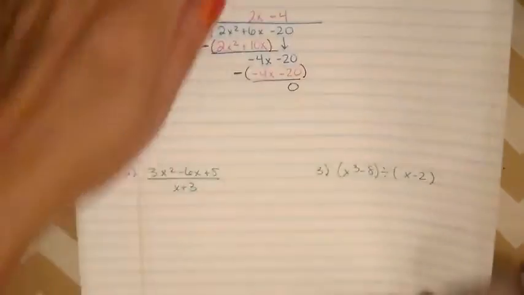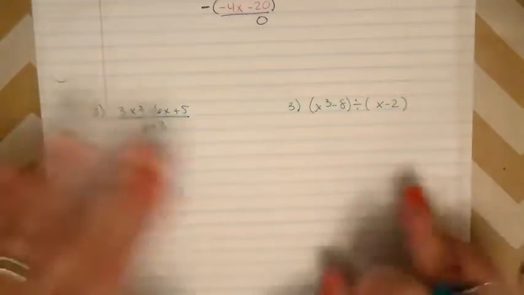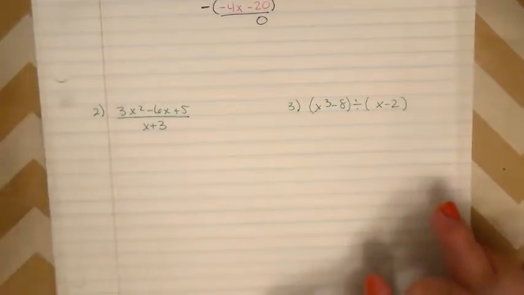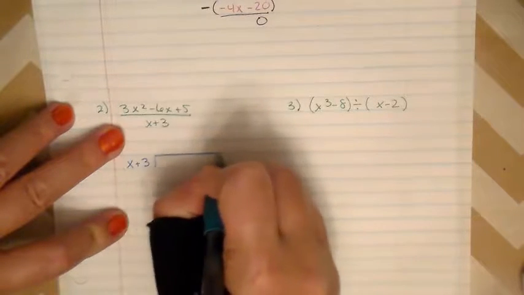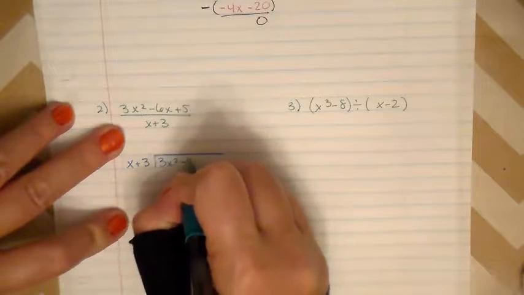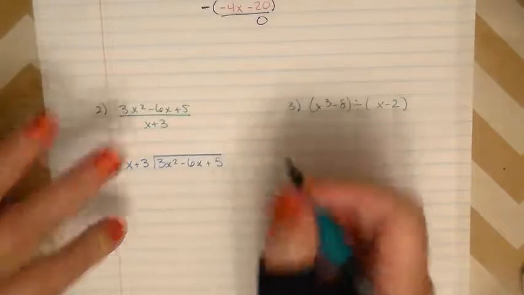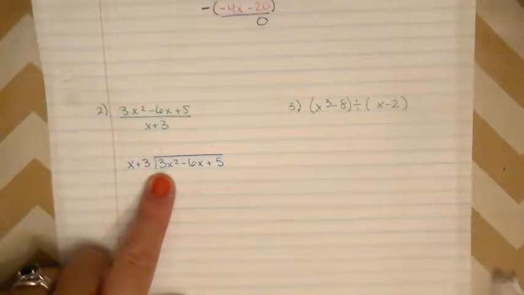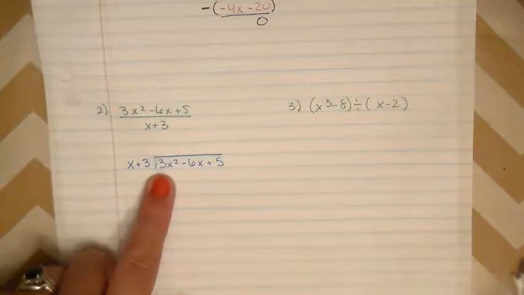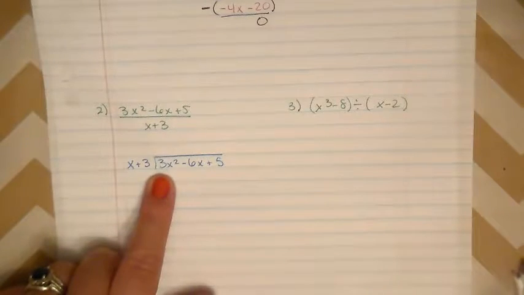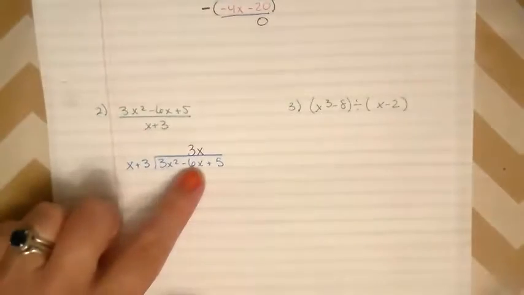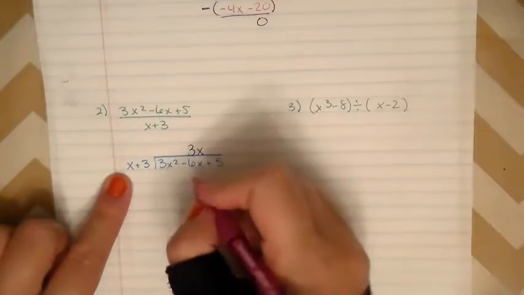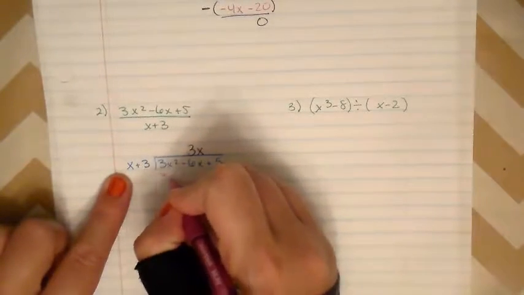Let's try another one. This one is written as a fraction, but we cannot divide this the way it's written, so we have to rewrite it as long division. Okay, to turn an x into a 3x squared, I need to multiply it by 3x. And then 3x times x is 3x squared.